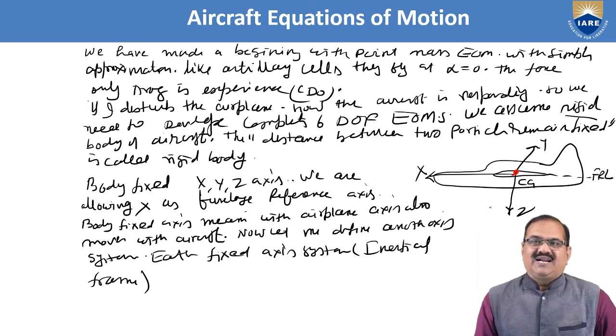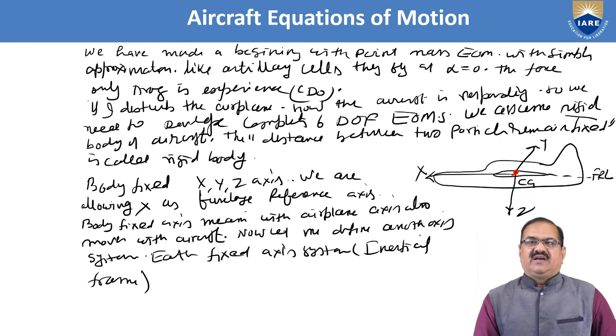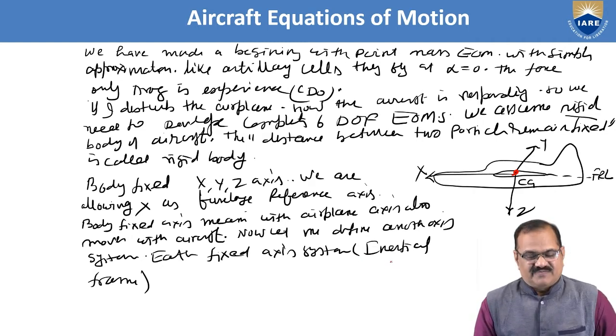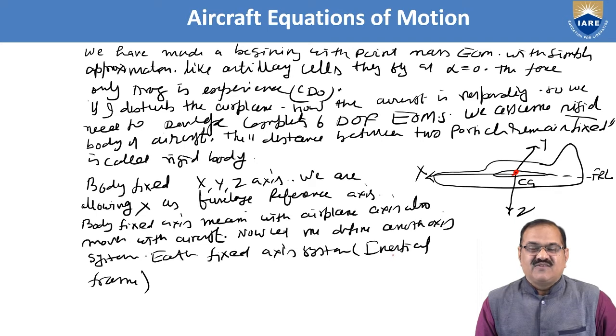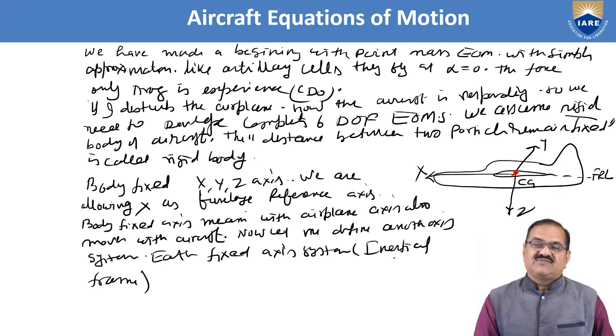Now let us define another axis system called the earth axis system, which we can call an inertial frame, because Newton's laws are only applicable for an inertial reference frame. What is an inertial reference frame? It is a reference frame in which there is absolutely no acceleration.